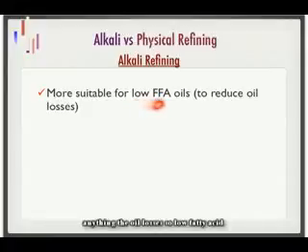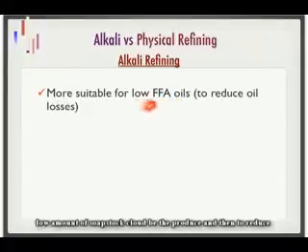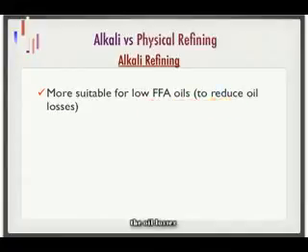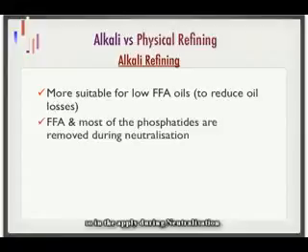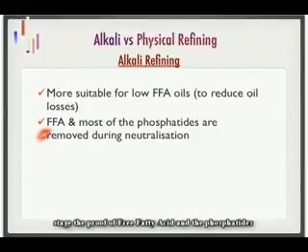So with a low amount of free fatty acid, a low amount of soap stock will be produced, and therefore this will reduce the oil losses.